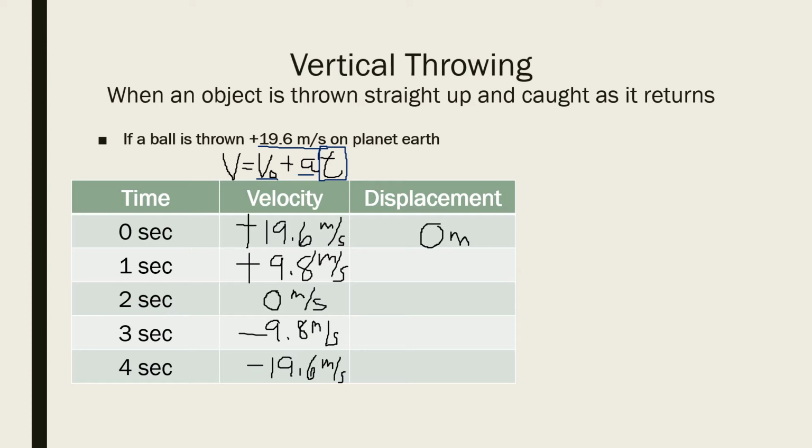And the same thing is true with the displacement equation, or the V naught distance equation. D equals V naught T plus 1/2 A T squared.